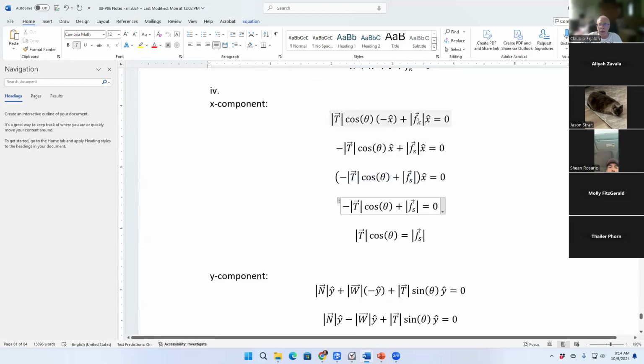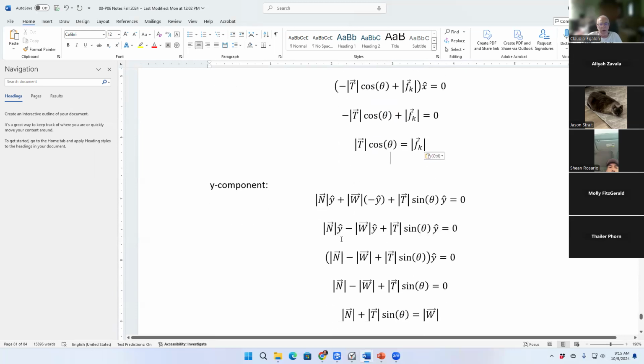And I shouldn't forget about the force of friction, right? Kinetic friction. Because the object is moving at constant velocity, the x component of the tension must be equal to the force of kinetic friction.